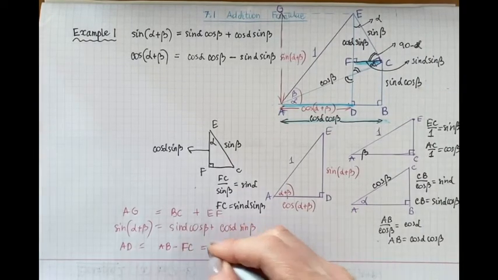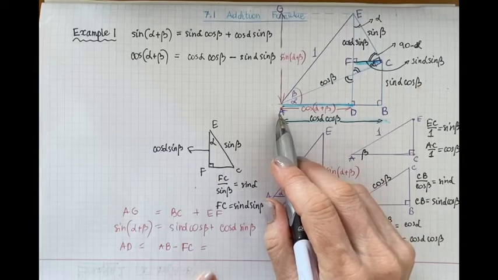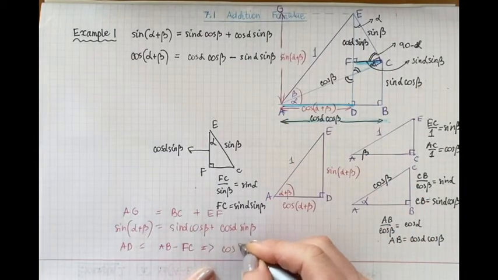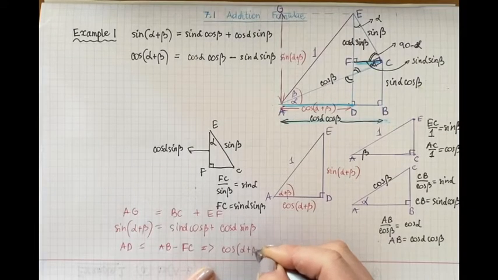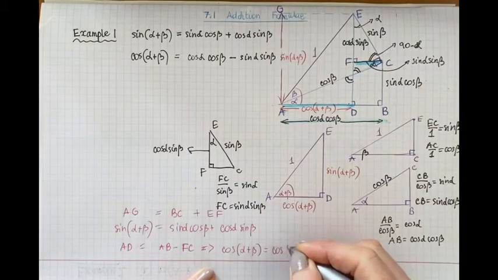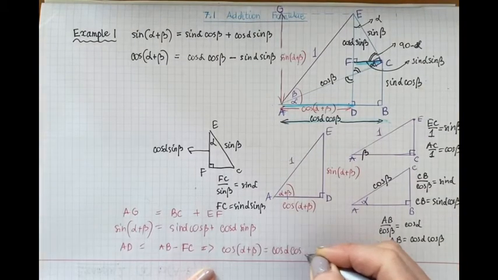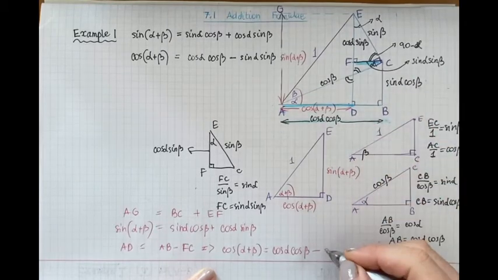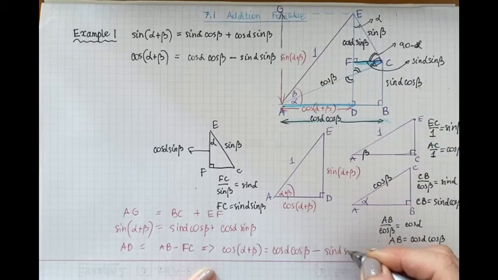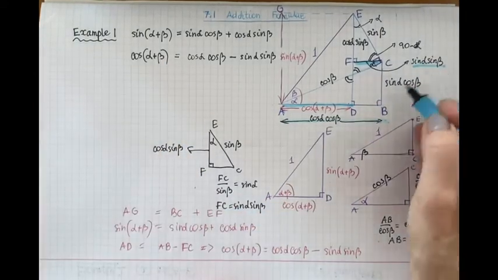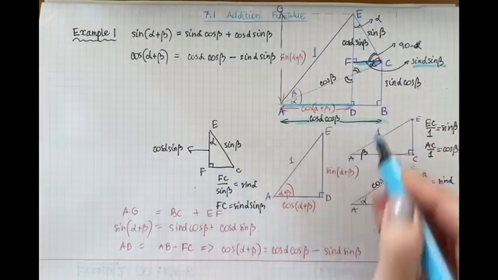So that one will give us, let me just write it here, cos alpha plus beta is equal to AB, which is cos alpha cos beta subtract sine alpha sine beta, which are our two top results.